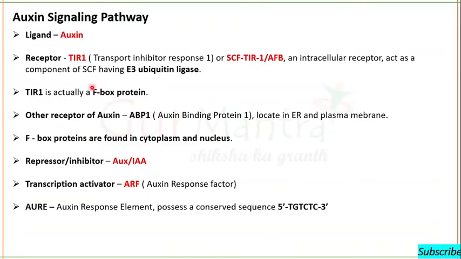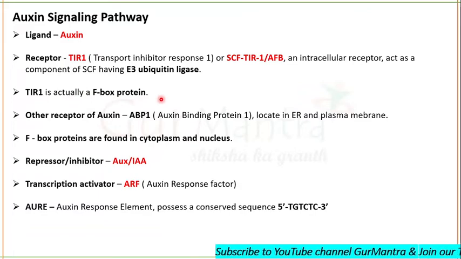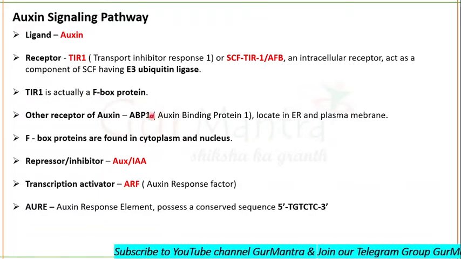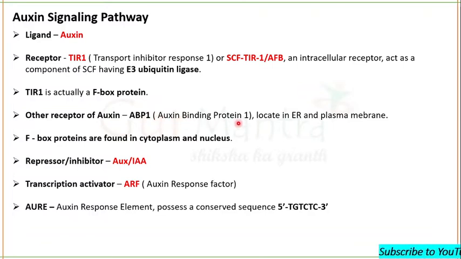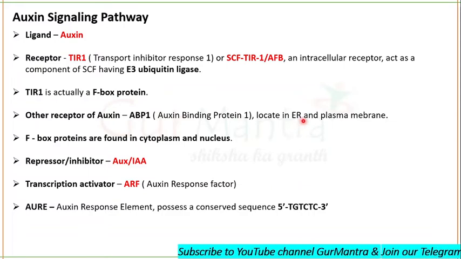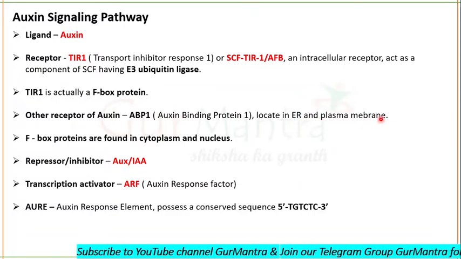So now we know that TIR1 is an F-box protein. There is another receptor for auxin, known as ABP1, auxin binding protein 1. This ABP1 is located in the endoplasmic reticulum and plasma membrane.